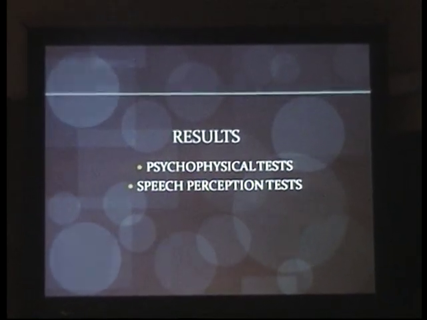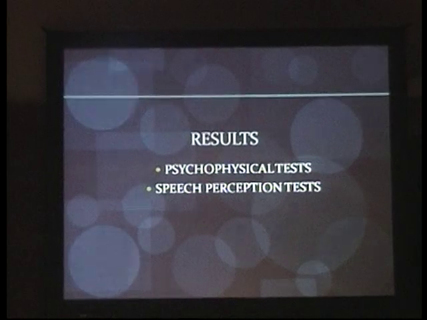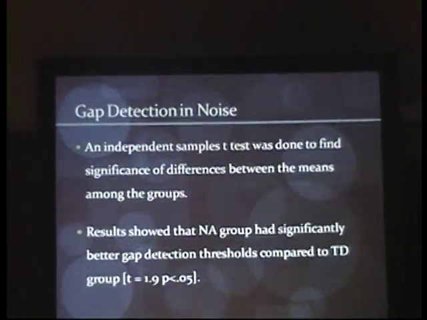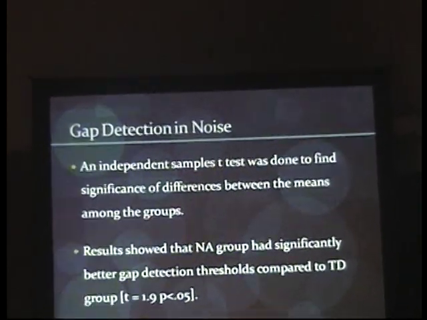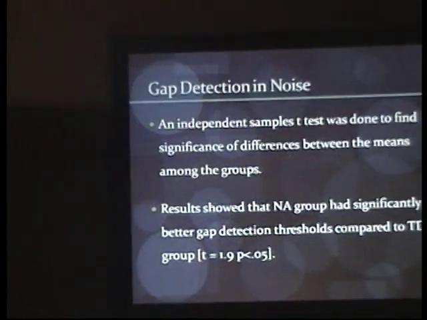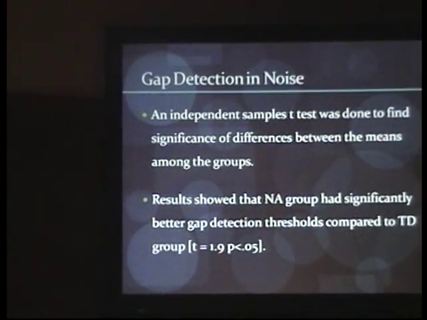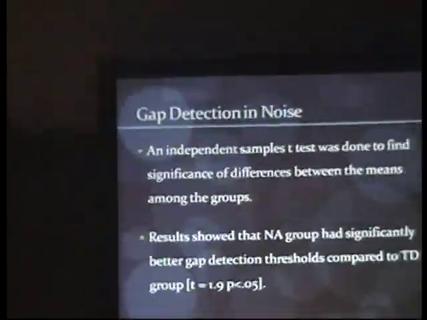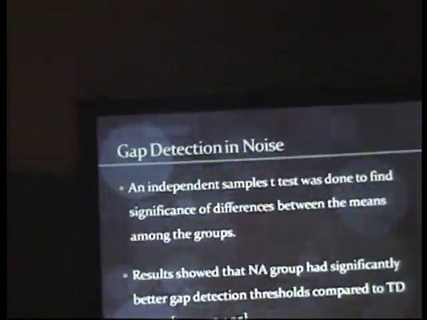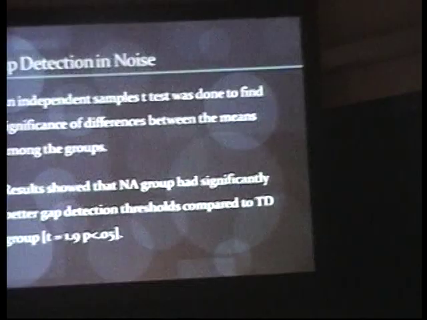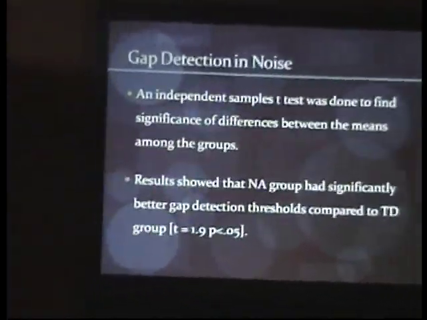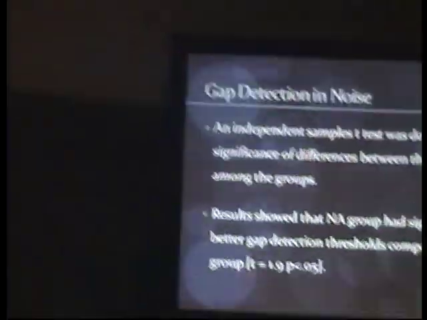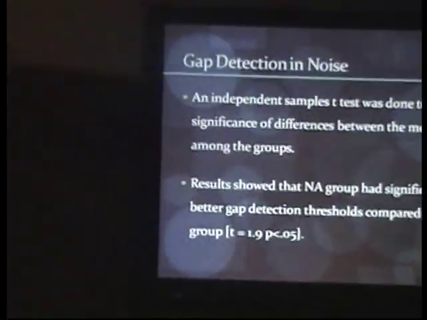Coming on to the results, let's start first with the psychophysical tests. First we have gap detection in noise. An independent samples t-test was done to find the significance of difference between the means of the gap detection thresholds. The results showed that the control group had significantly better gap detection thresholds compared to the train drivers group.